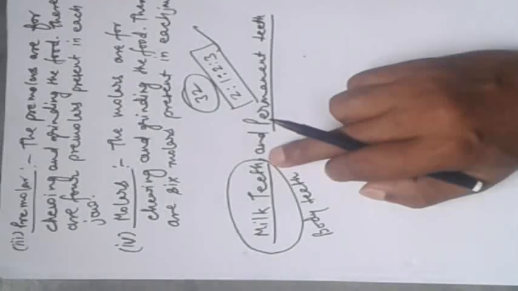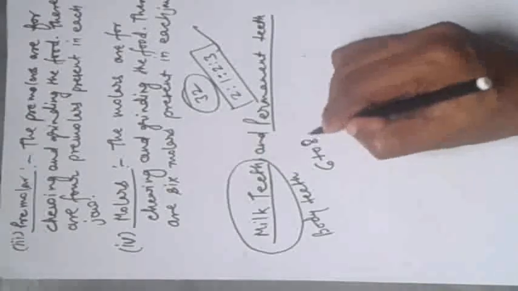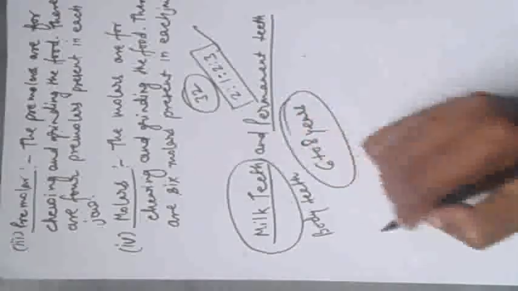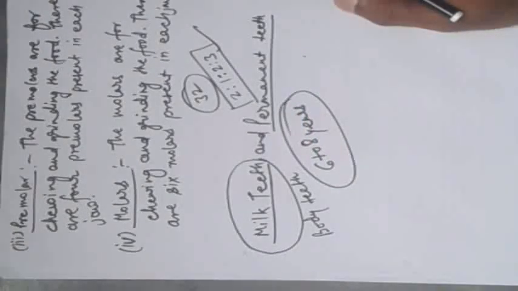Some milk teeth loosen and begin to fall off at the age between 6 to 8 years, and another set of teeth grow in place of milk teeth. So we can say that the second set of teeth is called permanent teeth.